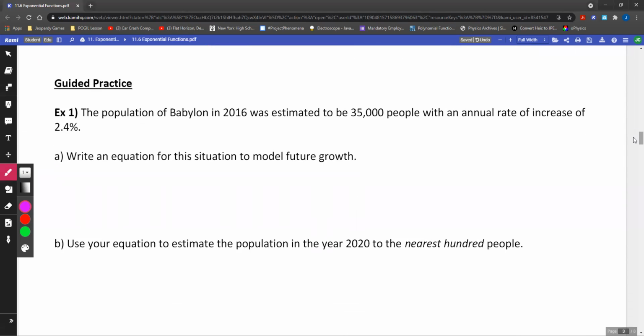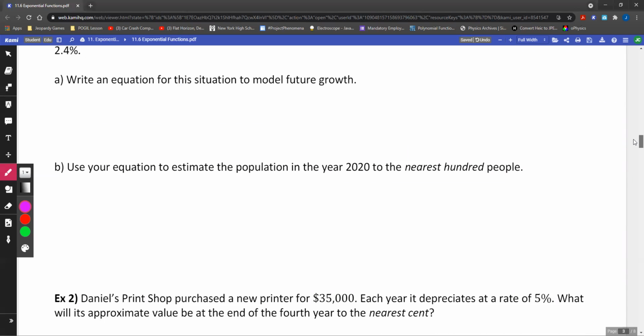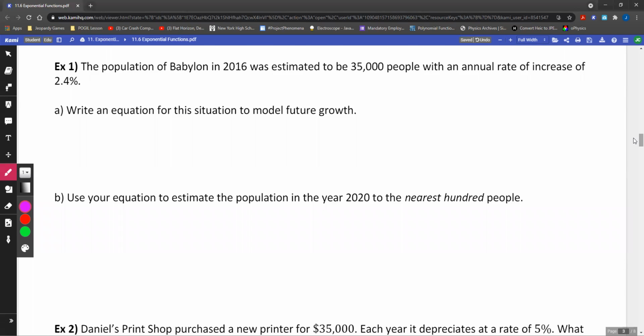All right, so down here in question 1, it says the population of Babylon in 2016 was estimated to be 35,000 people with an annual rate of increase of 2.4%. They want an equation for this. So this is going to be related to my r. This is my a term, my initial value.